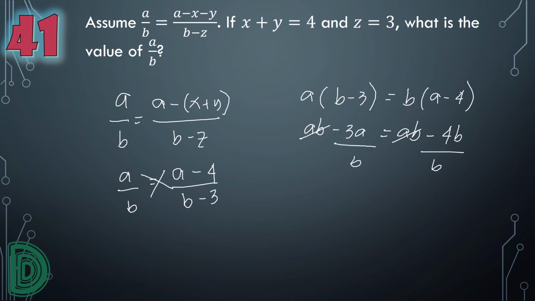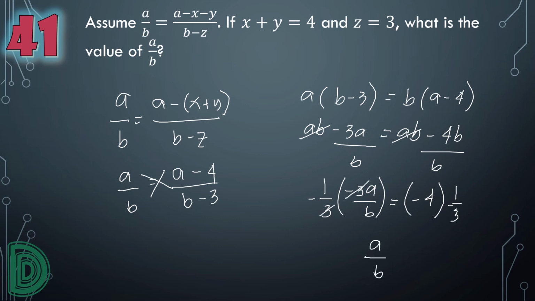So we will have negative 3a over b is equal to negative 4. And then let us multiply both sides by negative 1/3. So we will have negative 3 over negative 3 is 1. A over b is equal to positive 4 over 3.